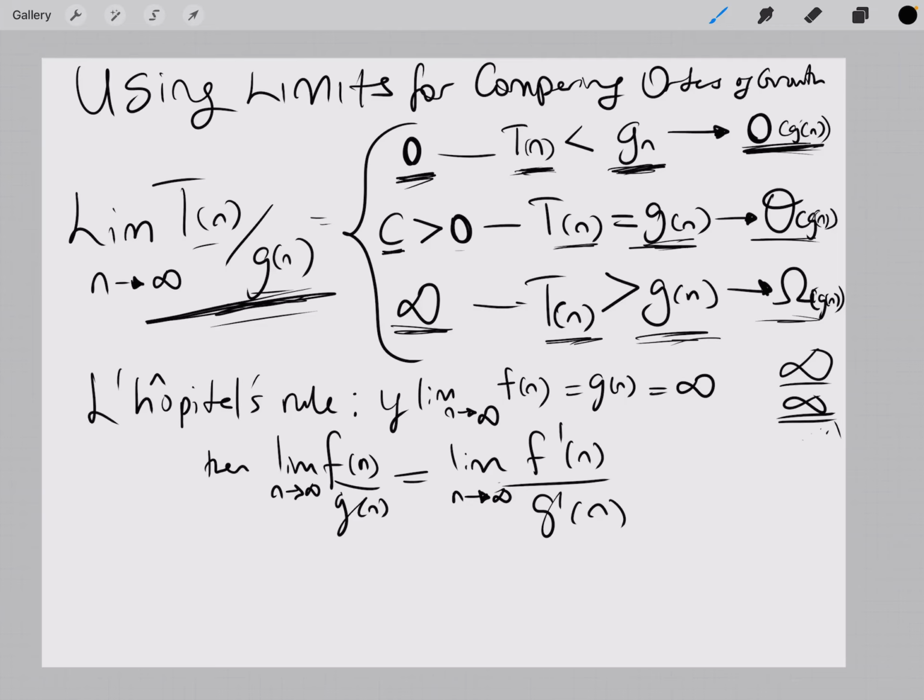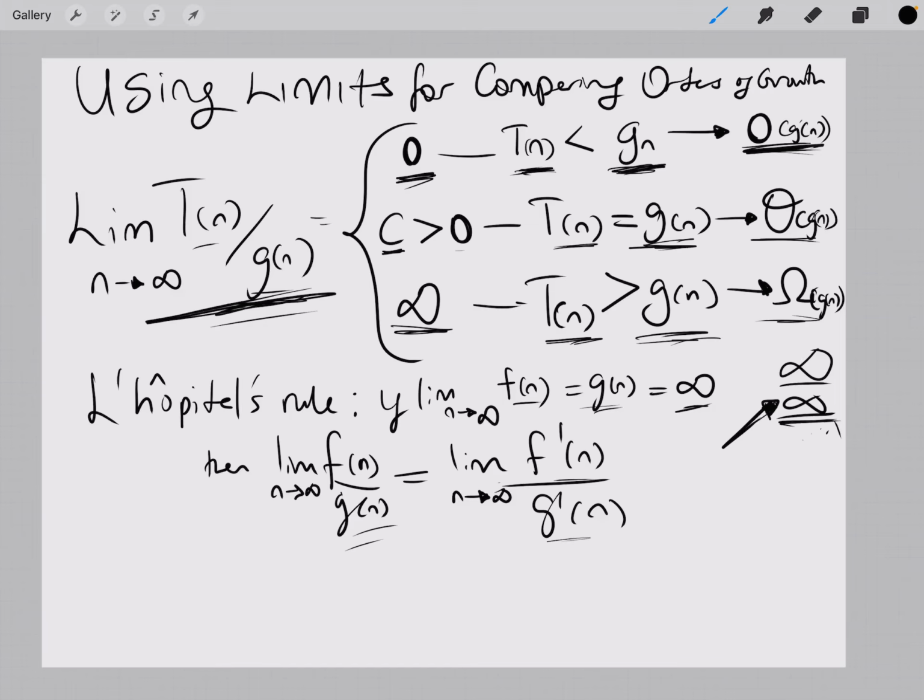So what do we do when f of n and g of n both go to infinity, and we are taking the ratio of the two of them? We'll have indeterminate, and we don't want that. So we can use L'Hopital's rule, which says we take the derivative of f of n and the derivative of g of n individually. Since it's still a ratio, we then have a better chance of knowing whether it is still indeterminate or not.